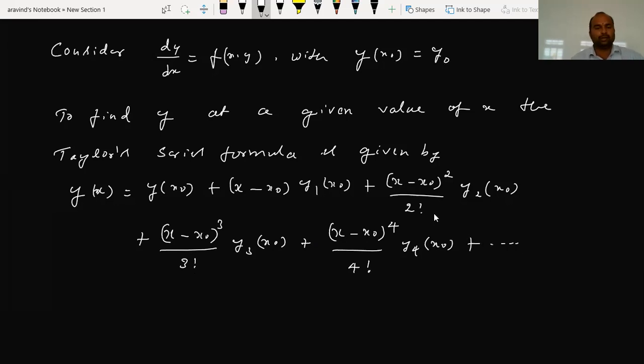See, I have written the Taylor series formula up to the fourth derivative.